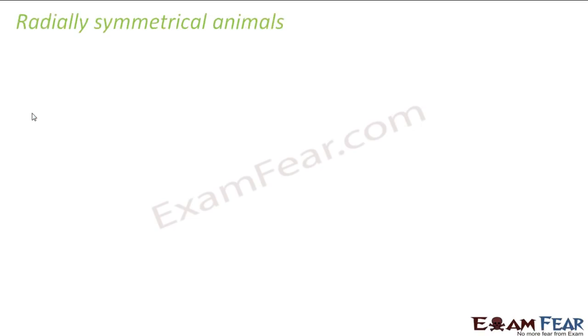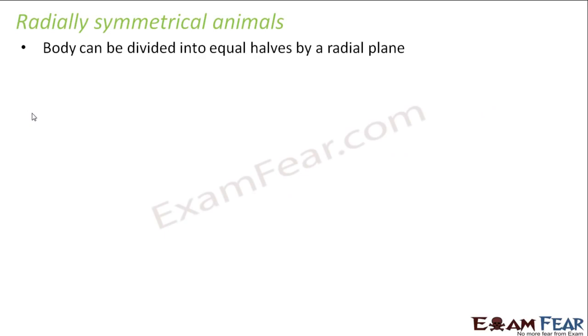So first let us talk about radially symmetrical animals. The body can be divided into equal halves by a radial plane. In radially symmetrical animals, there is no right side, no left side. When I talk about bilateral symmetry, we actually have two sides, one right side, one left side, because they are like mirror images of each other.